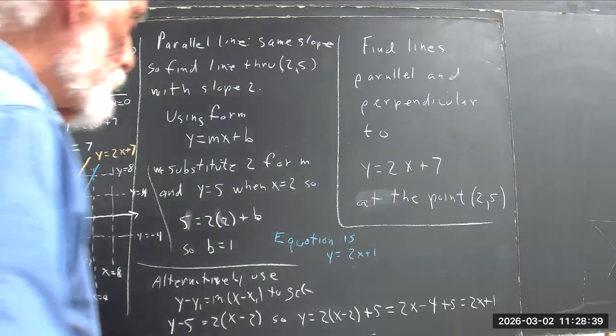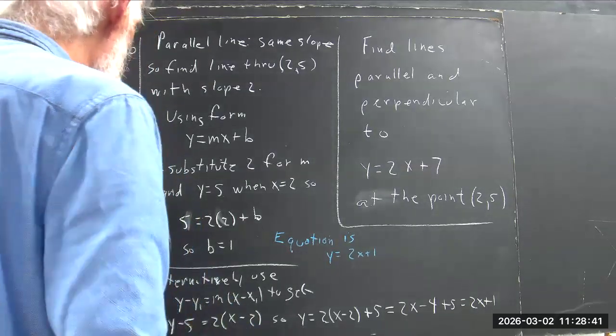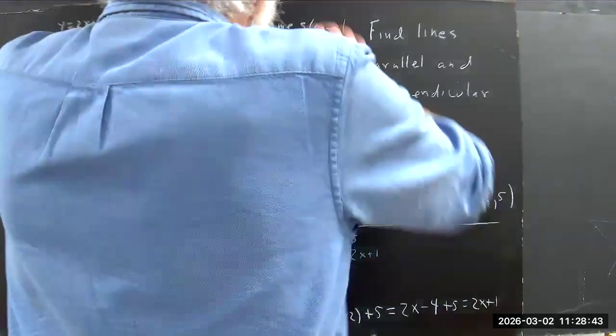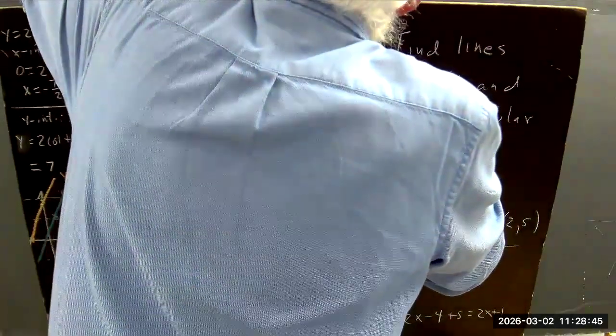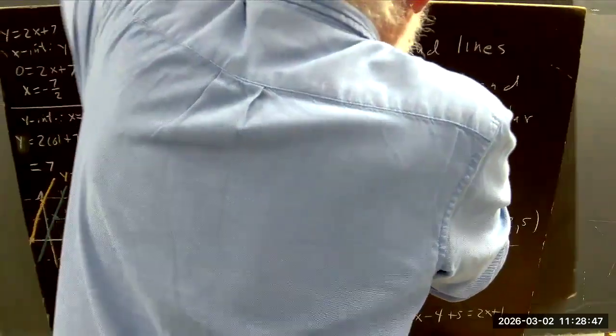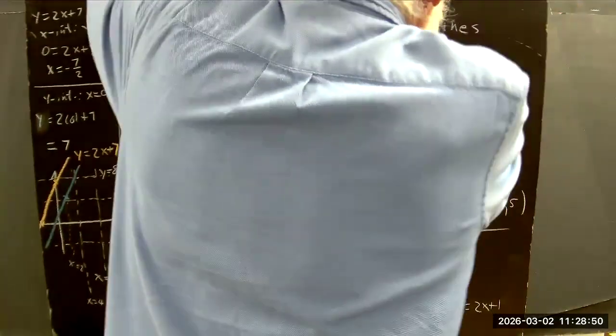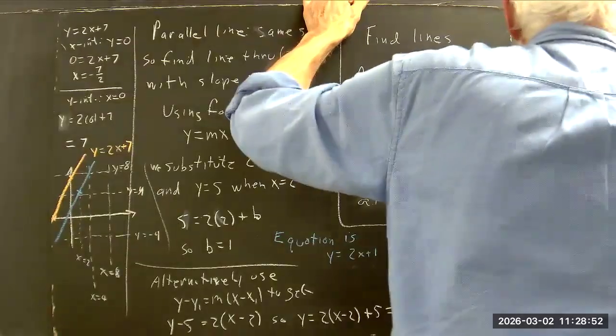Okay. Well, now we want to draw the line perpendicular to the original line through the same point.